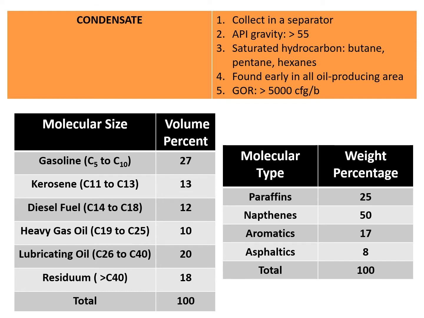So you can read through all this, right? So for the molecular type, you may find that naphthalene is the highest hydrocarbon type that has been found in the crude oil. Okay, the reason why is because naphthalene is found starting from kerosene, diesel fuel, heavy gas oil, and lubricant oil.